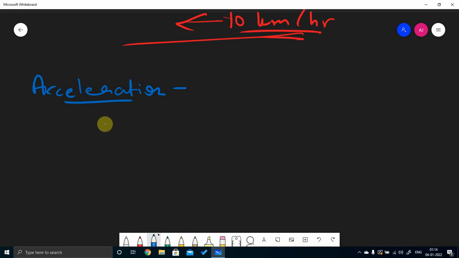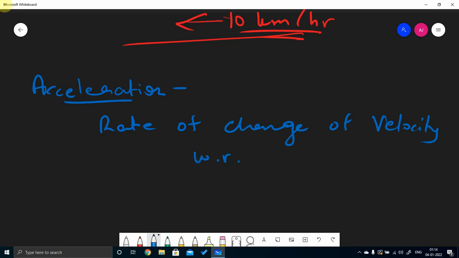Acceleration is basically the rate of change of velocity with respect to time.